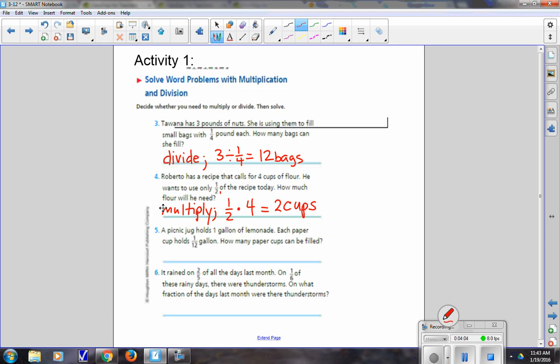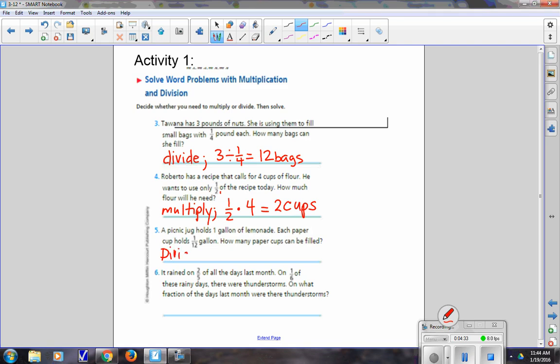I know you do. A picnic jug holds 1 gallon of lemonade. Each paper cup holds 1/12 gallon. How many paper cups can be filled? So, am I multiplying or dividing to figure out how many 1/12ths are in 1? Divide! Yay! We're getting it.